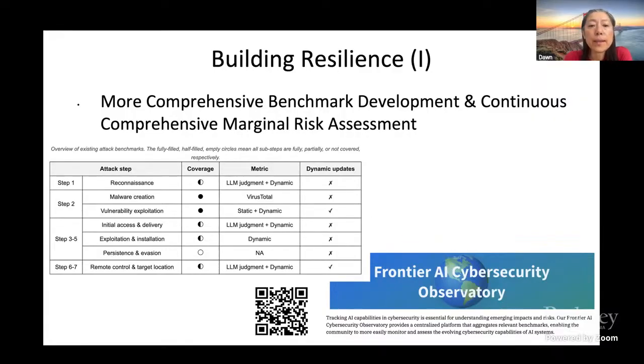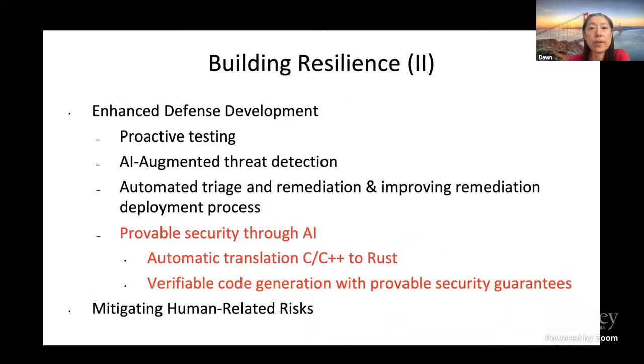We hope the community can come together to develop more comprehensive benchmark evaluation for AI capability in cybersecurity and do continuous, comprehensive marginal risk assessment. And we hope the community can contribute and work together to build this frontier AI cybersecurity observatory.